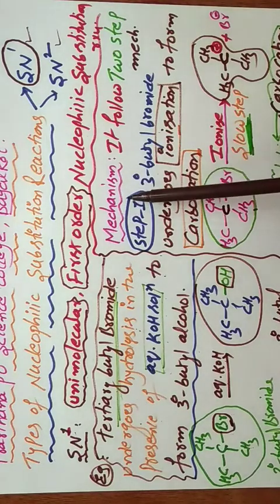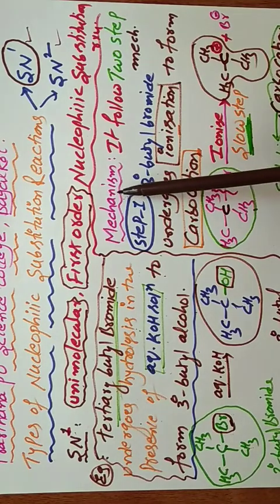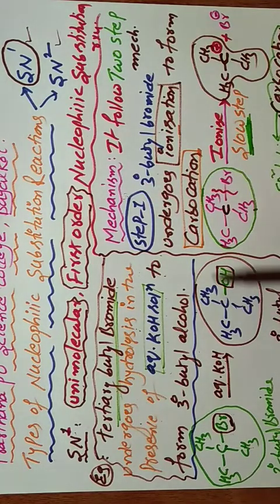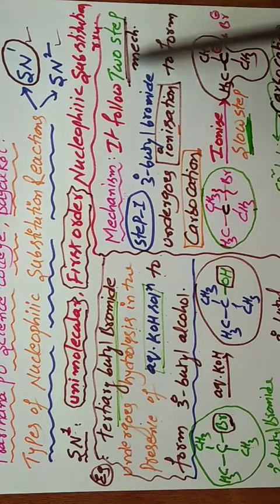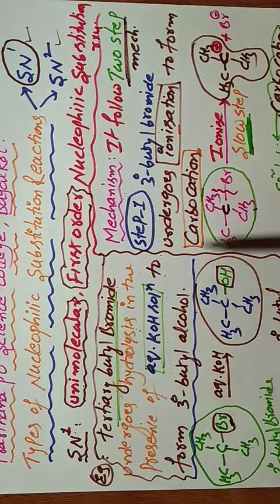Now we discuss the mechanism. Mechanism means how to get the product. Not only here, throughout chemistry, mechanism means how to get the product from the reactant. In this case, it follows a two-step mechanism. In the first step, we take one test tube.